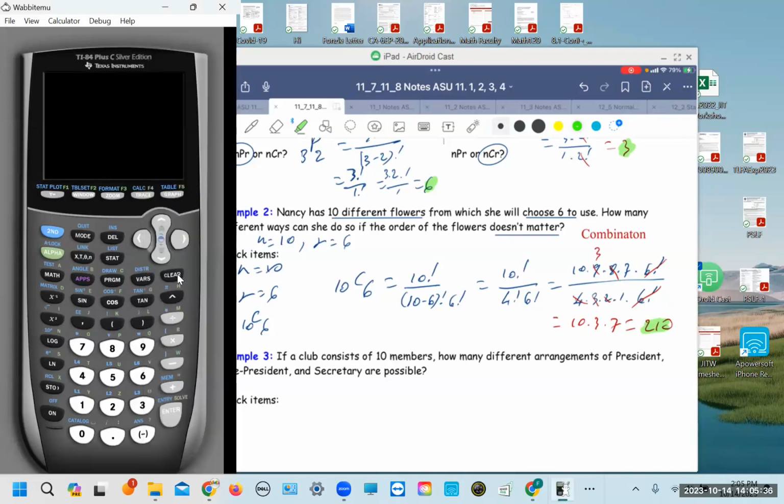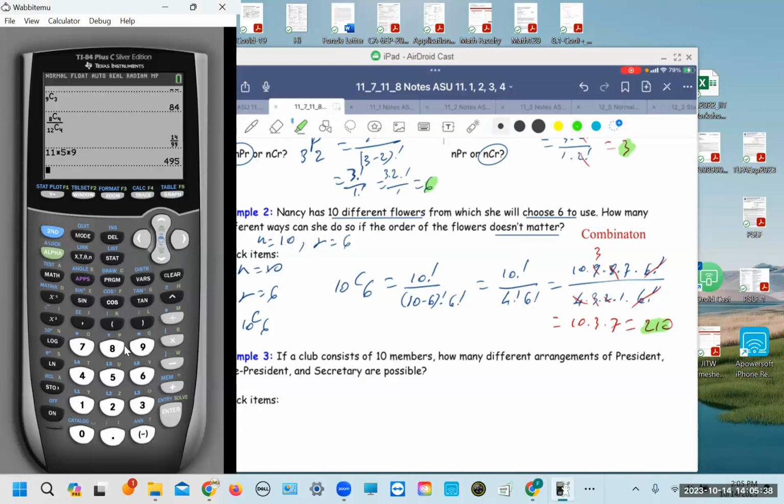Now I can show you how to do it with the calculator. Let me clear all this stuff. We do the same thing: Math, and go to the PRB menu. You see this, number 3, nCr. Just hold on, let me exit this one out.